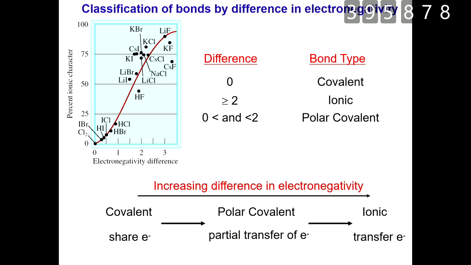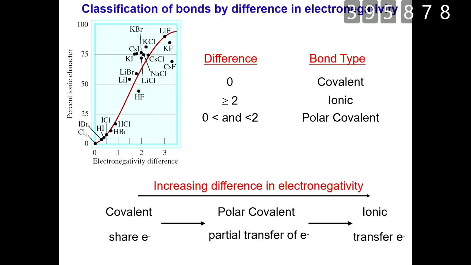Okay, for example here, we see that the x-axis is about the difference, electronegativity difference. Okay, so we can just see this line. If it's 0, difference is 0, like Cl2. Okay, so definitely it is equal covalent bond. If it's larger than 2, this side, right?